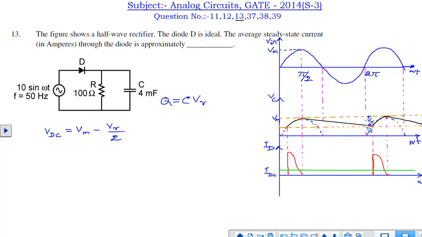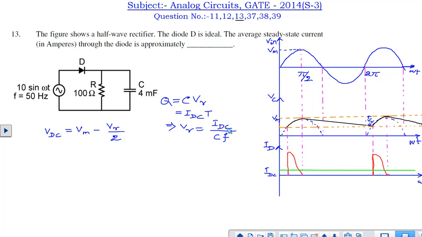During the discharging time, we have assumed that the averaging is over the whole period, so we can take IDC as the discharging current. IDC into T will be the discharging charge from the capacitor, where T is the time period of the input signal. So from this we can get the value of VR.